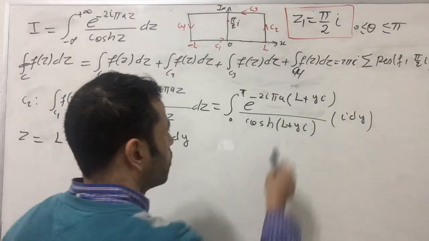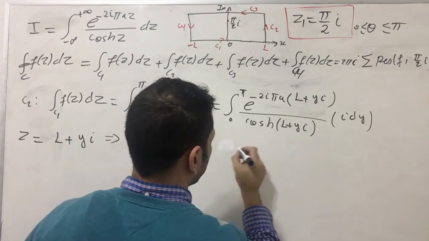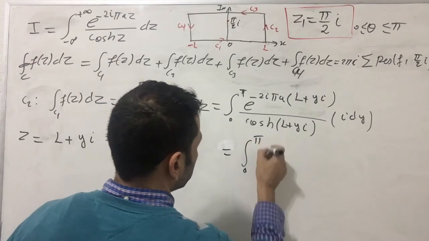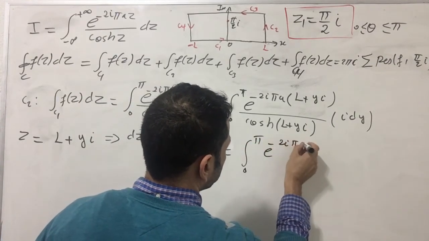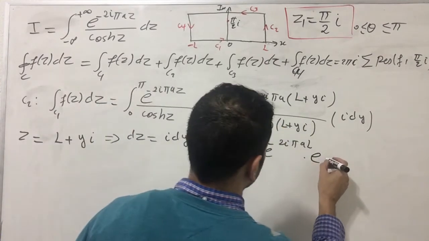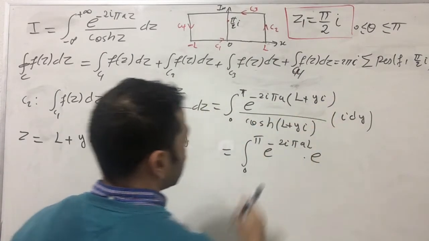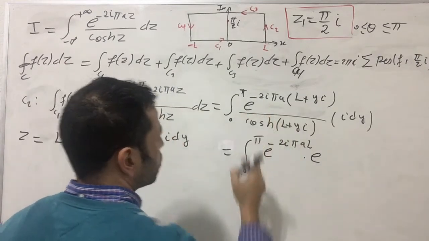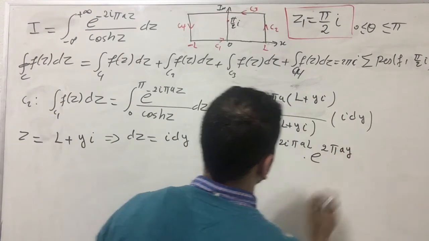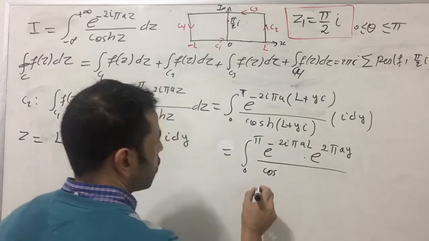Now I'm going to simplify this one. I'm going to make this one as a product. So if you take a look at here, this one from 0 to pi, e to minus 2i pi a multiplied by L, multiplied by another product, which is e to the i multiplied by i, giving us i square, which is minus 1, with this minus 1 becoming plus 1. So we will have 2 pi a y over cosine hyperbolic function.